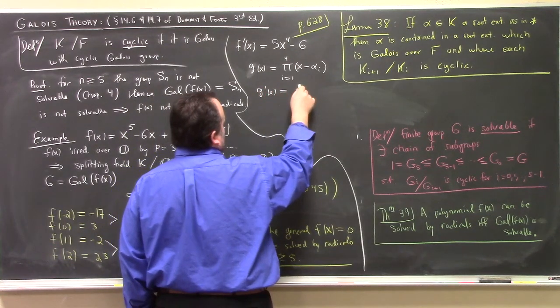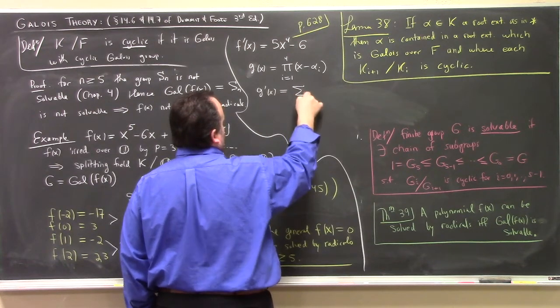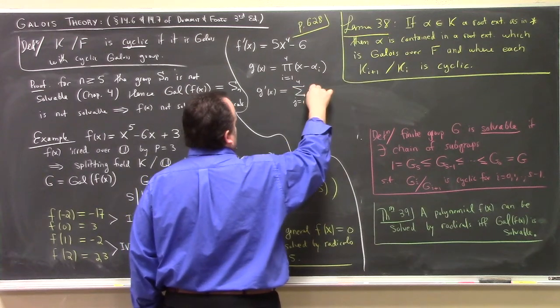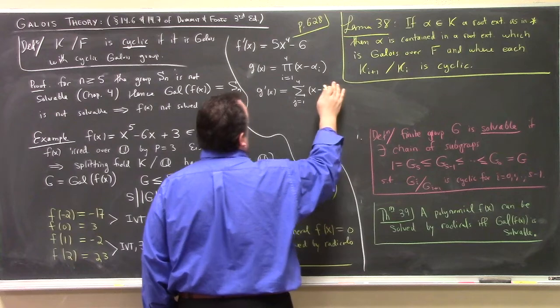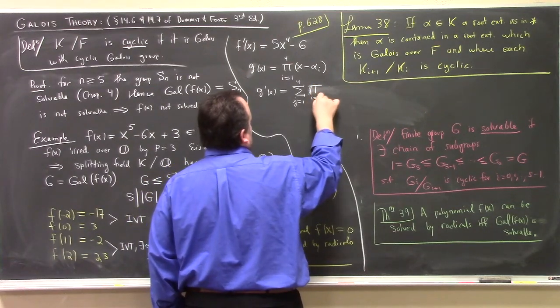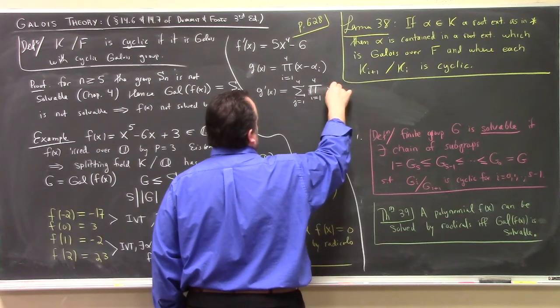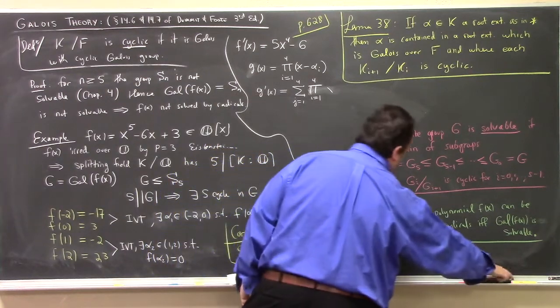It's the sum, j equals 1 to 4, of the product, i equals 1 to 4, of x. Oh, I can't write this out.